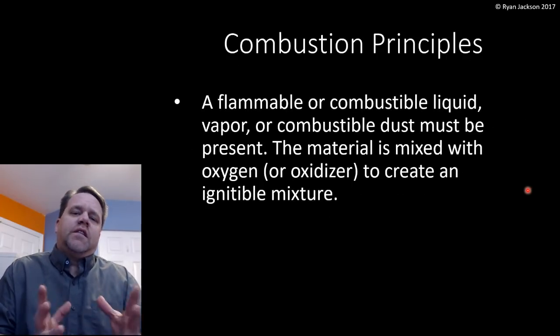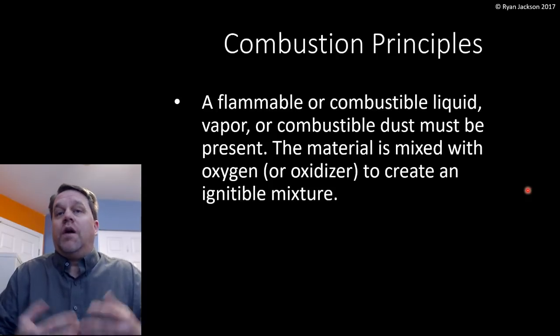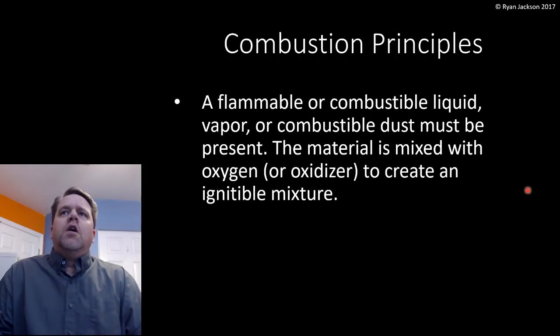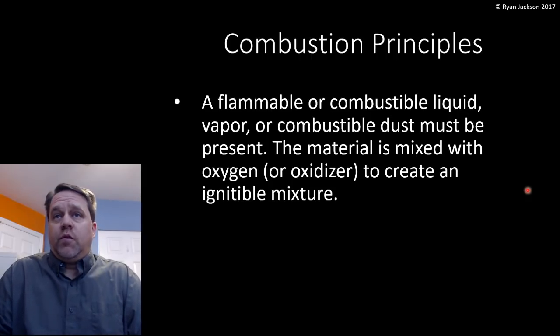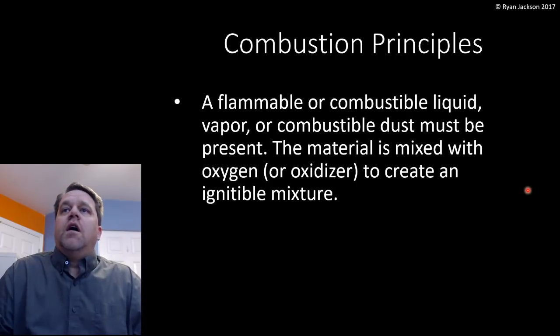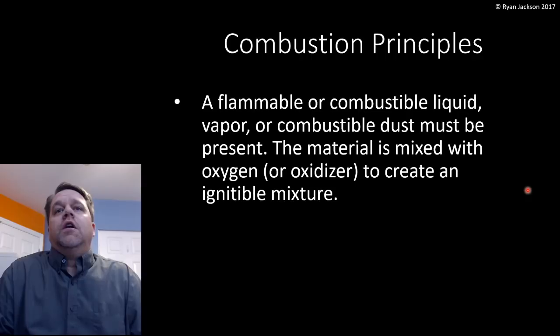In order to protect us against fire, we need to understand the properties of fire and what creates a fire or an explosion. So for combustion, a flammable or a combustible liquid or vapor or a combustible dust has to be present, and that has to be mixed with oxygen or an oxidizing compound in order to create an ignitable mixture.